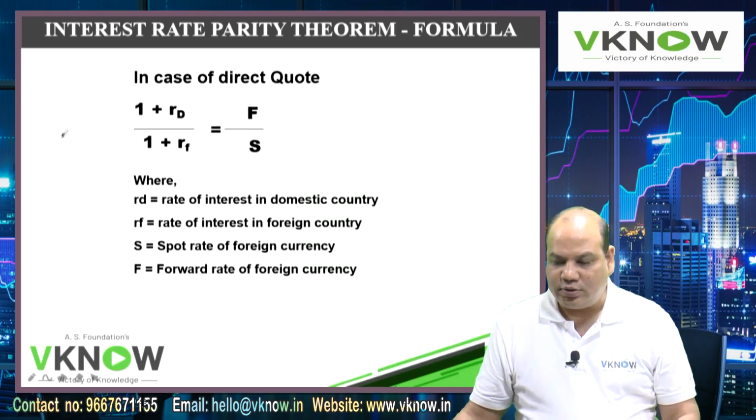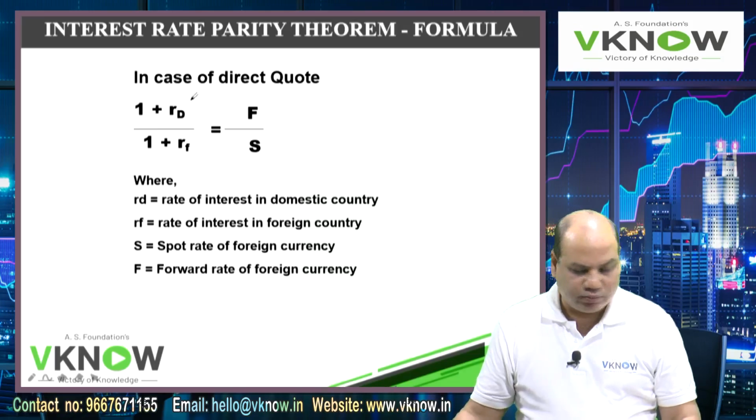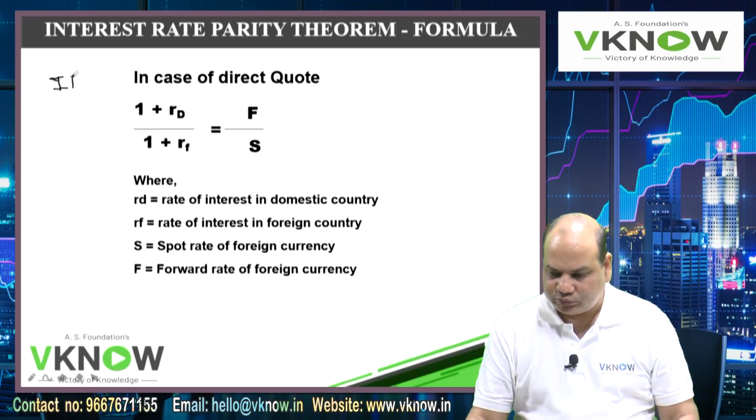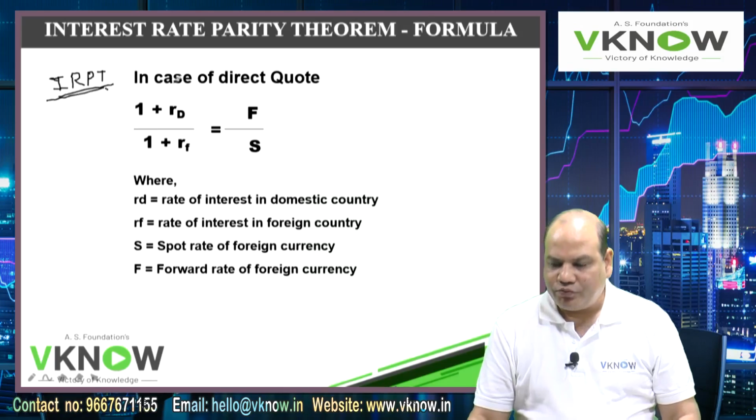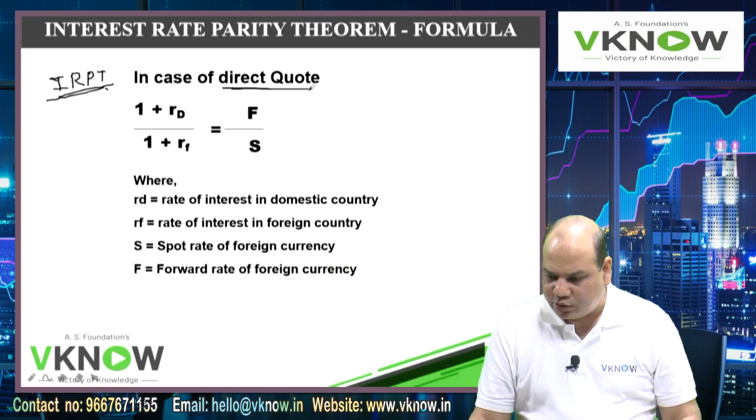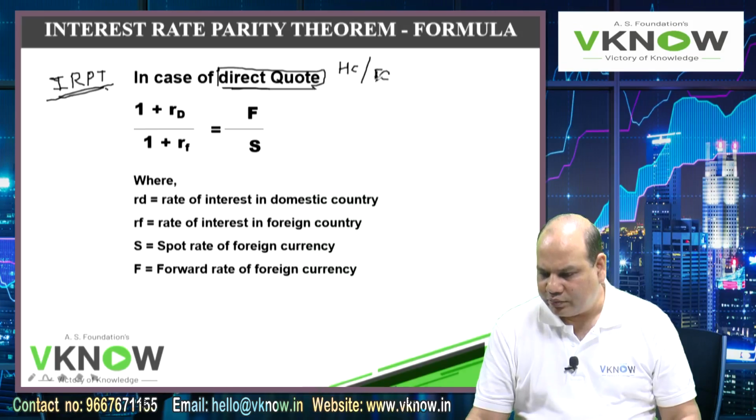Now you will see the relationship between interest rate and exchange rate. Formula printed in your book. This is called the IRPT equation. Suppose a direct quote is given to you. Direct quote means home currency per unit of foreign currency.